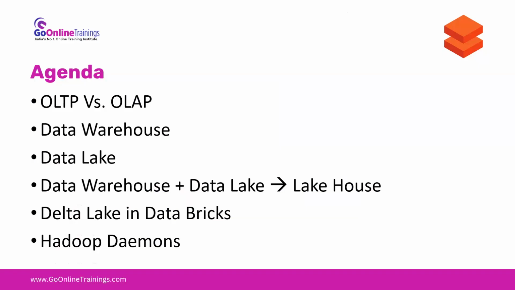Later on, companies started using Spark clusters. So we need to understand the Hadoop architecture first, then we'll jump into the Spark clusters and everything. For a couple of days we'll be having theoretical classes. After that, we're going to talk about the practical things.